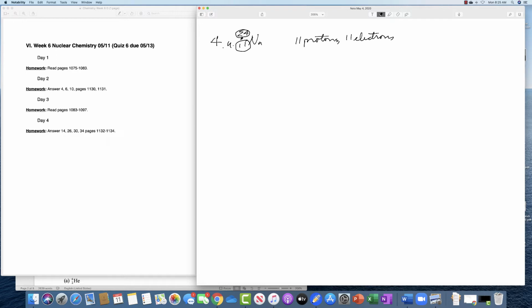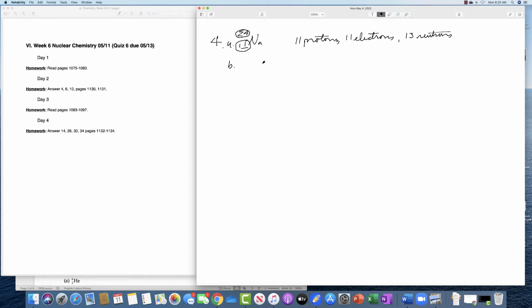So to find the number of neutrons, you subtract the atomic number from the atomic weight. So 11 from 24 is 13 neutrons. So this first one has 11 protons, 11 electrons, and 13 neutrons.